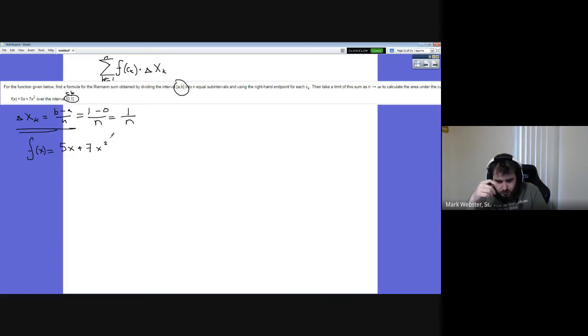So all we're going to do is figure out what c k is. Well, any given term, c k, we're starting at a, right? So we'll start at a. And then for each successive rectangle, we better be adding 1 over n.